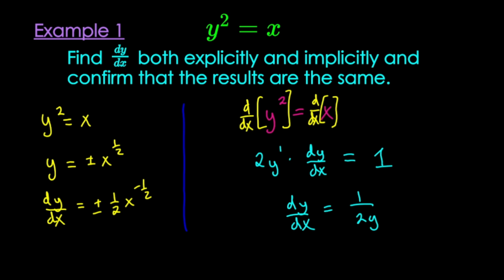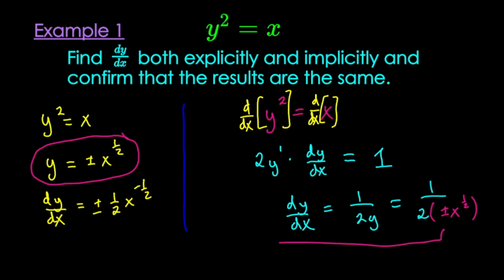But if you remember, over here, when we isolated y, it is plus or minus the square root of x, or x to the 1/2. So I can replace in here the value of y with plus or minus x to the 1/2. And you can see now that this result is exactly the same thing as what we got explicitly.